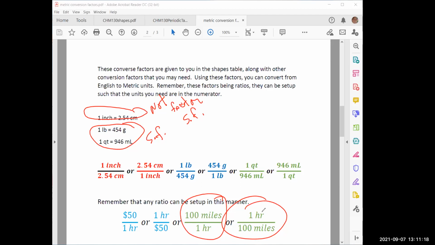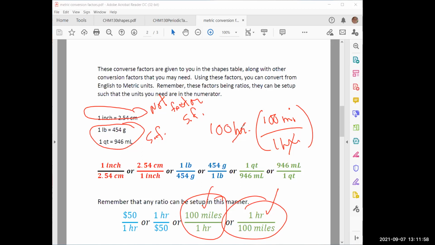Okay. And here, if I want my final units to be in hours, then obviously I would select this one. If I want my final units to be in miles, and I'm trying to figure out how many miles I go if I travel 100 miles per hour for 100 hours, I set up my conversion factor with 100 miles in the numerator and 1 hour in the denominator, because I wanted to cancel.